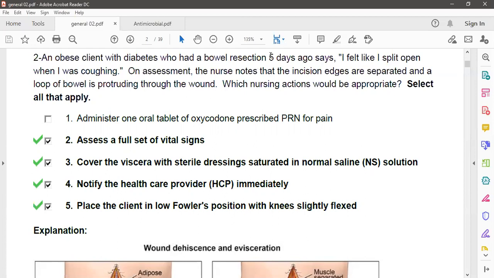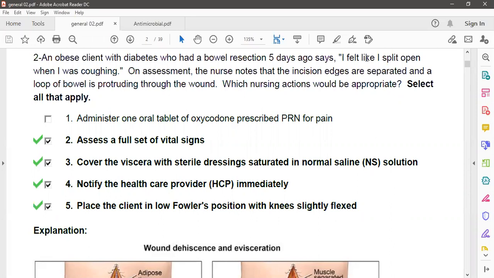Now the patient complains, I felt like I split open, meaning the suture line opened when I coughed. When you cough, you are putting pressure on the lower part of your body, and because of constant pressure the suture line can open up, right?